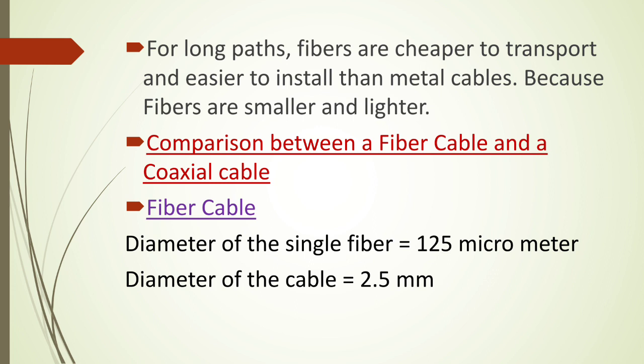The diameter of the single fiber in the fiber cable is 125 micrometer. This is the diameter of a single fiber. And the overall diameter of the fiber cable is 2.5 millimeter.